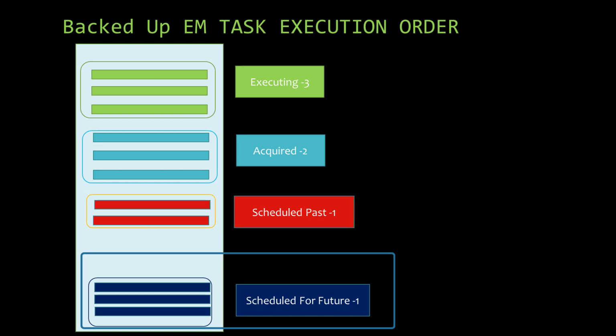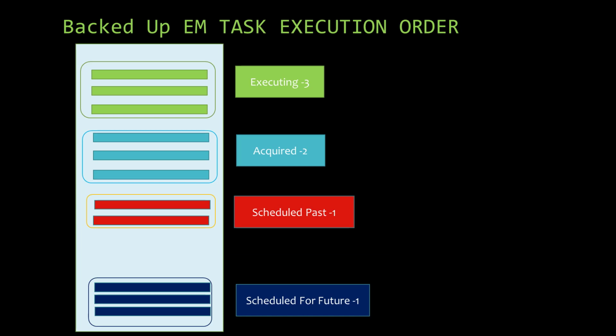Earlier it went directly from scheduled for future to acquired, but since your event manager asynchronous queue is not working properly, that means it is taking more time to execute the tasks. It's heavily loaded, so there may be records which have a past schedule.